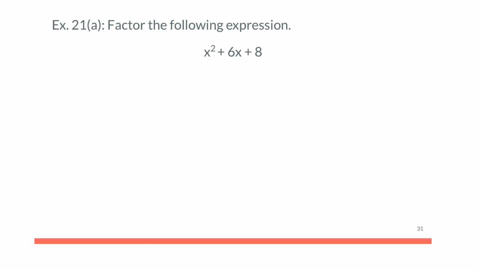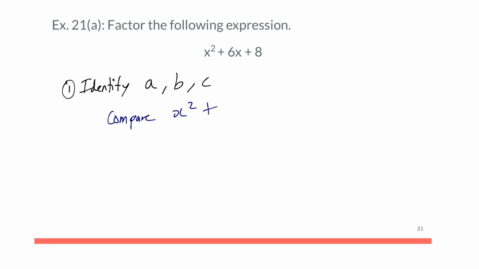Okay, so one thing you should do with quadratic expressions like this is identify A and B and C. In other words, just compare x squared plus 6x plus 8 with ax squared plus bx plus c. Essentially, that's what I'm asking you to do. Again, when you know what you're doing, you'll be able to do this in seconds.